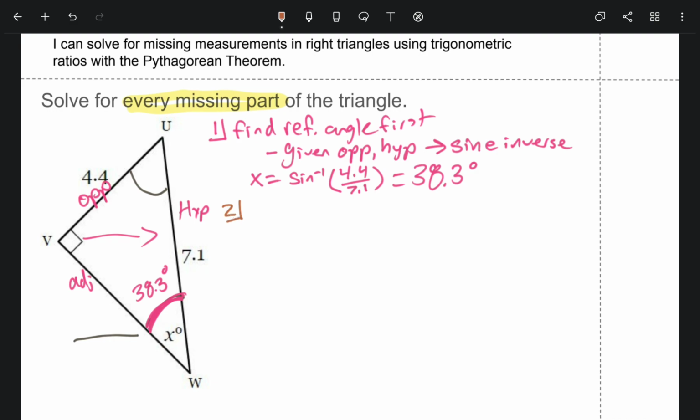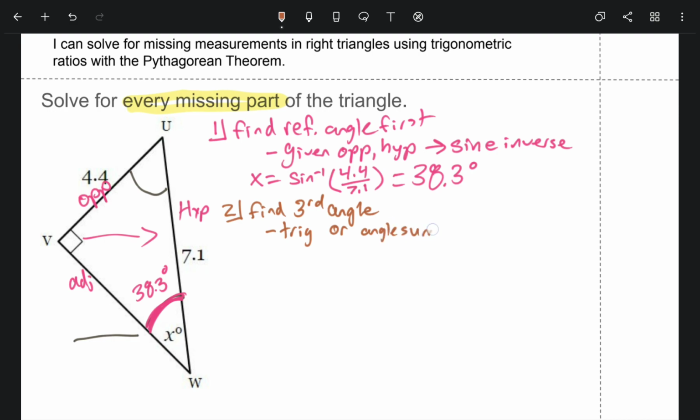Now we're going to find our third angle. And you can use trig again, but you don't have to. Recall the angle sum theorem. So we can use trig or angle sum.